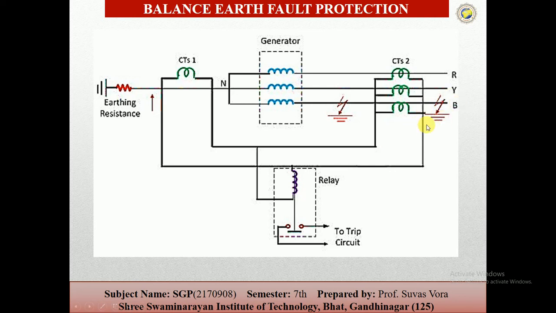If an external fault arises, at that time the earth resistance will be increased and उसकी वजह से जनरेटर में करंट इंक्रीज होगा, so the entering CT and the exit CT currents will differ and the relay coil is also energized and the trip circuit will operate.